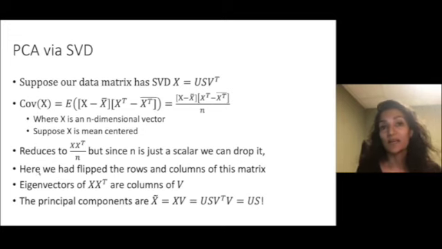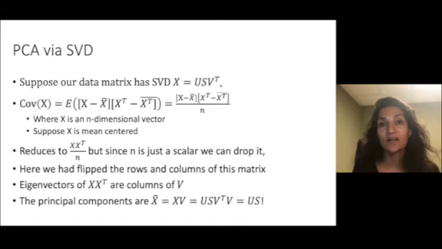Here, by convention, we had our rows and columns flipped, but these are actually the eigenvectors of the matrix X transpose X in the original way we'd oriented our data. And therefore, the eigenvectors of our covariance matrix are found in the columns of V. So they're just found in our singular value decomposition.